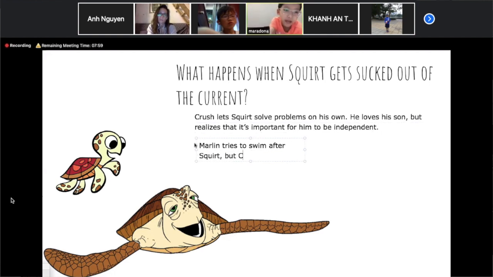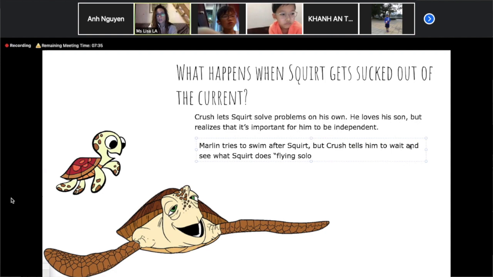Stop, and wait for Squirt to do it by himself. So Marlin tries to swim after Squirt, but Crush tells him to wait and see what Squirt does flying solo. Okay.